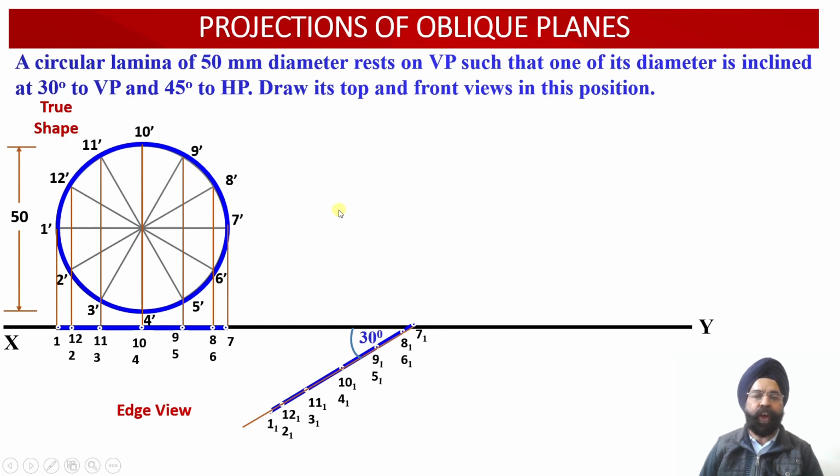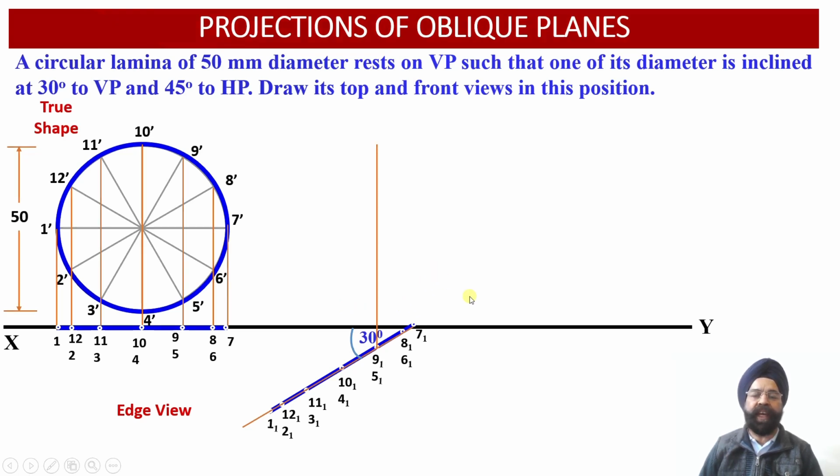Wherever we obtain the intersection between the vertical projector of a particular point and the horizontal projector of the same point from the elevation view, that intersection will provide us with the corresponding location of all of the points which are lying on the circumference of the circular lamina.